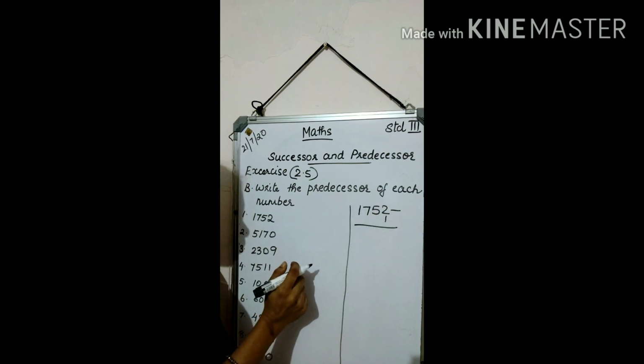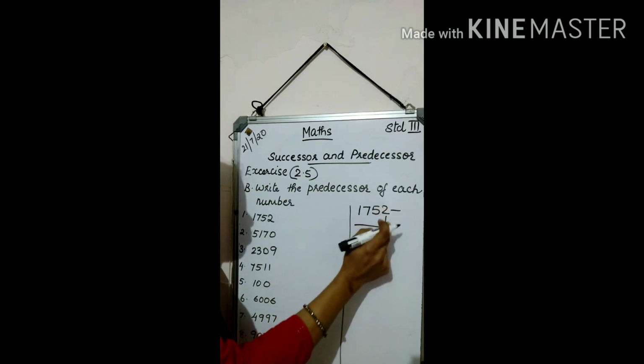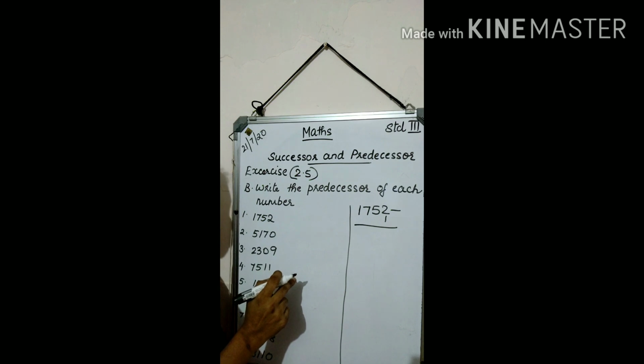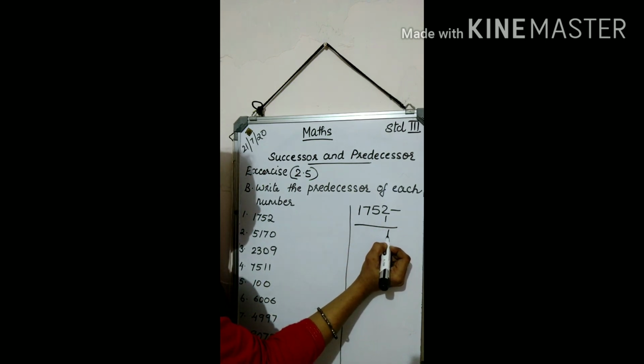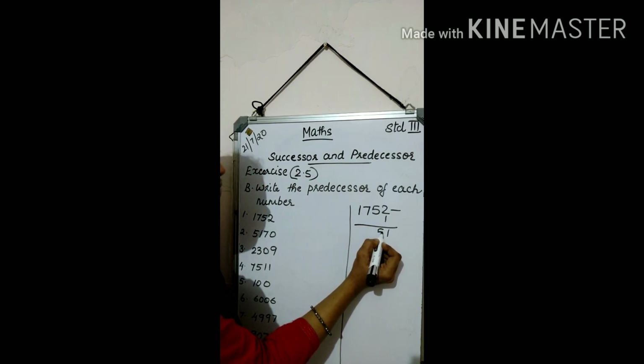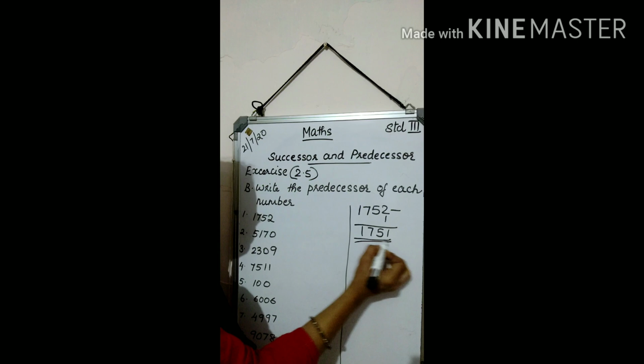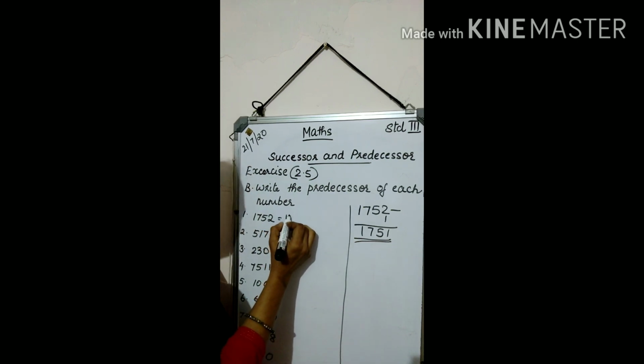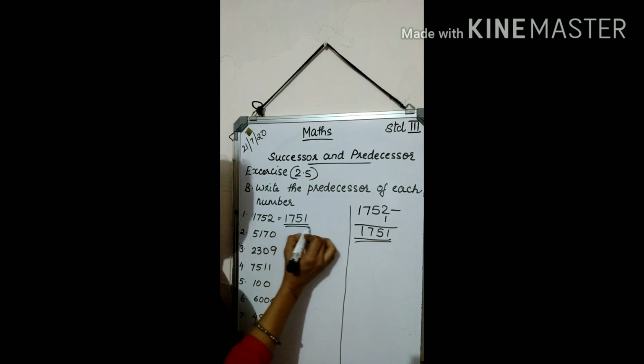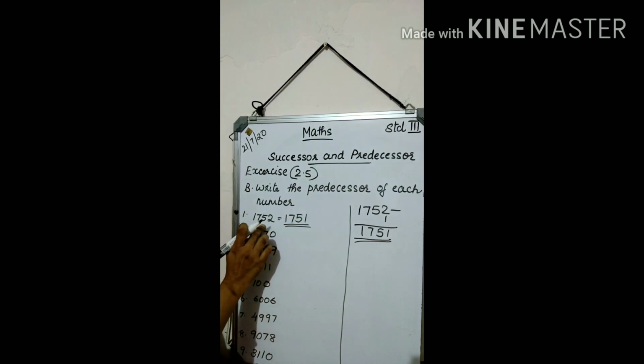Subtracting 1 from this number we get 2 minus 1. What is 2 minus 1? It is 1. We write 5 here. 7, 1. So the answer is 1751.